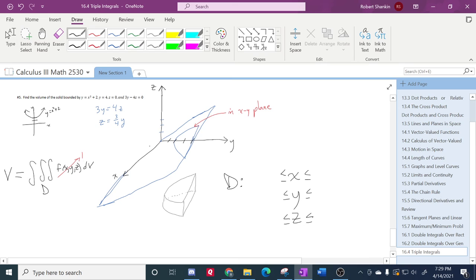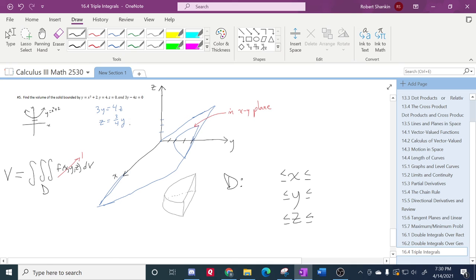Just constants. It would go from 0 to the highest point, and then I'd have to solve for the highest point of Y. So we could do it with Z, and the Z would be going from 0 to its highest point.